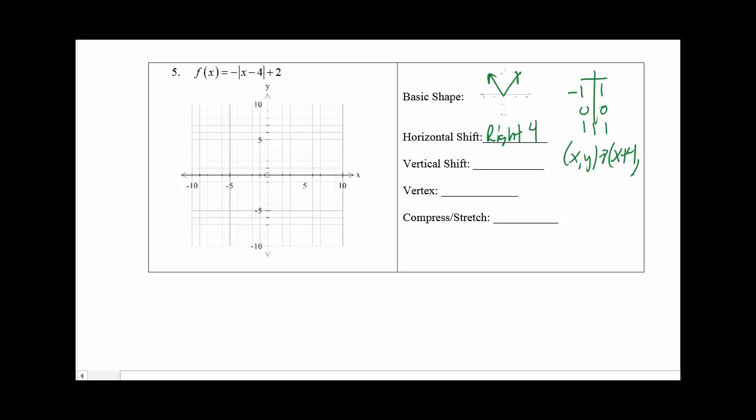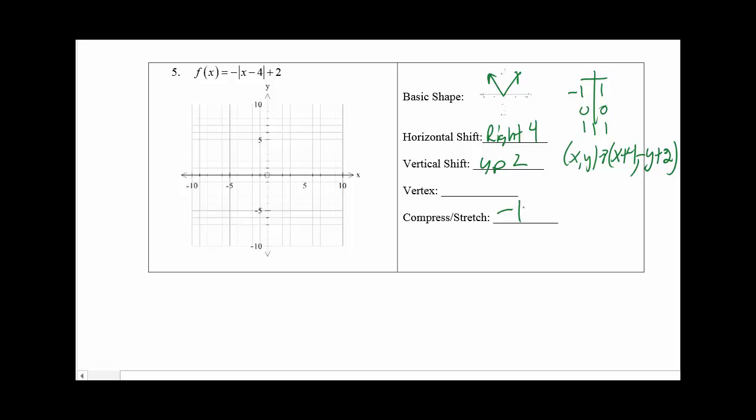Vertically we're going to move it up 2, but we also have that negative out front, so there's a -y plus 2. So the y values are going to be opposite, and then we're going to add 2 to them. So vertically it's going to shift up 2 units, and then it's going to have what we call a reflection. So it's not really stretch or compress, but it'll reflect across the x-axis and have an opposite y value before we end up adding the 2 to it.